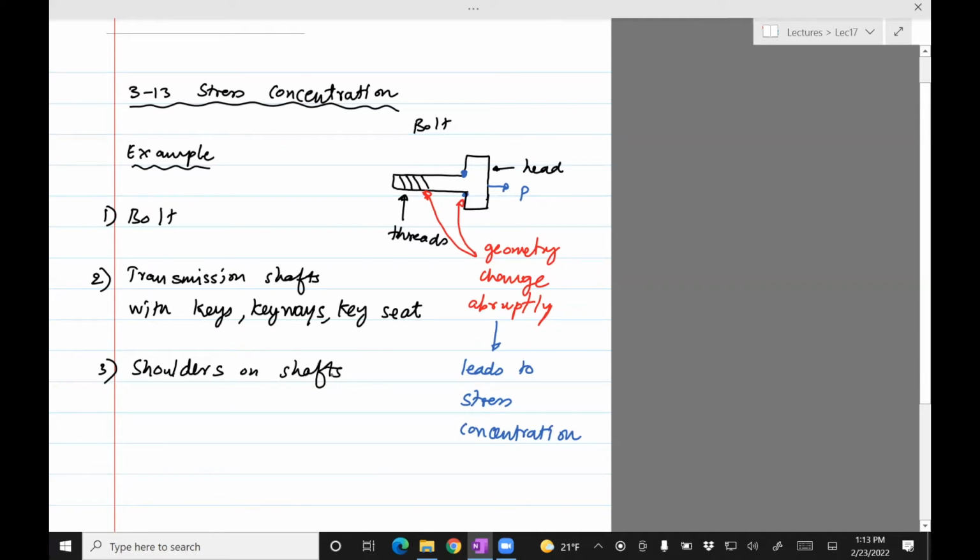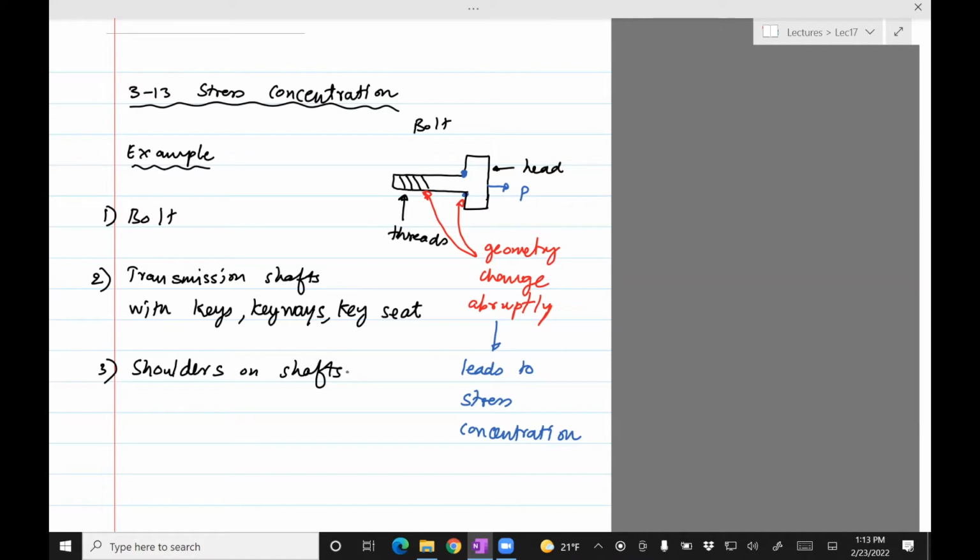When you use shafts in design, you don't have a shaft of uniform diameter. At some points you have to increase the diameter just to accommodate elements which have bigger or smaller holes. And those changes in geometry cause a stress concentration.